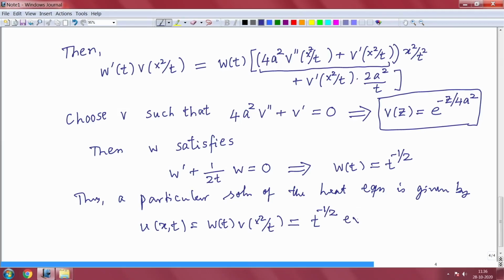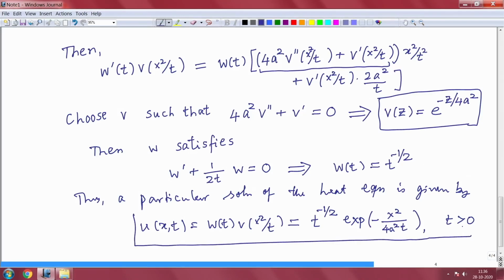Since the expression in the exponential is big, let me write it as exponential of minus x square by 4a squared t. A constant multiple of this solution is going to play an important role. So let us put some name.